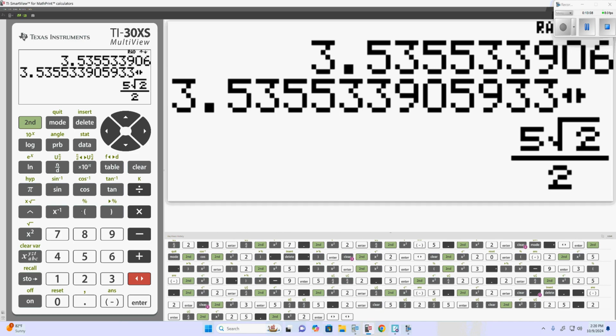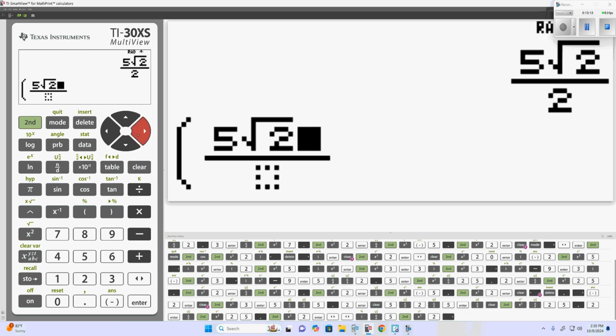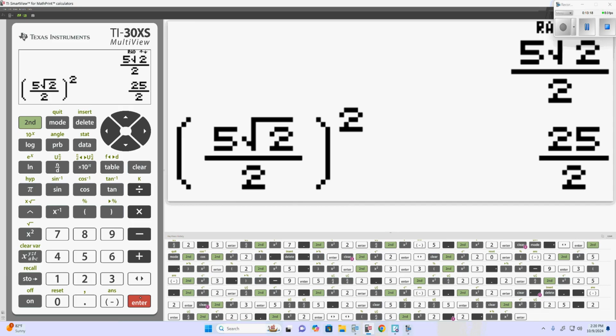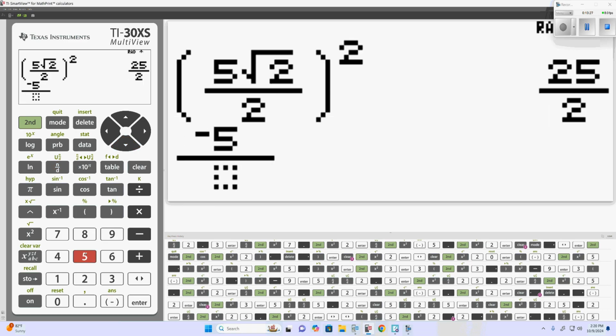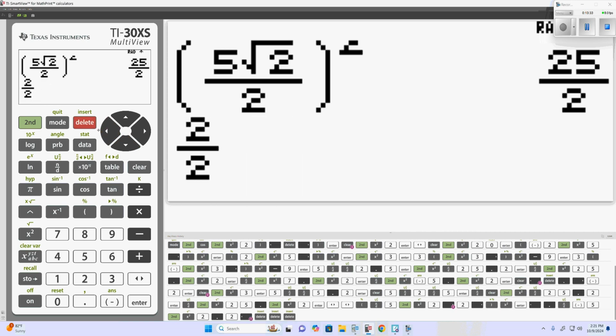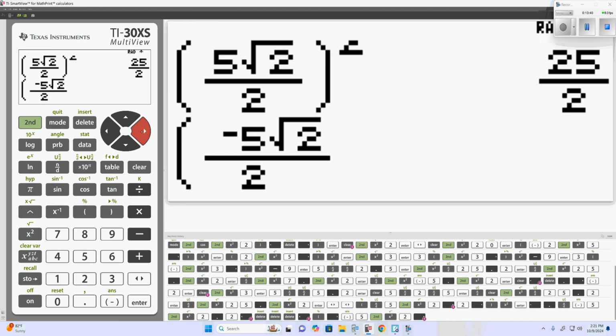Now, I'm going to flip over here. Because our 5 square root of 2 over 2 squared indeed gets us back to our 25 halves. So our answer is indeed positive 5 square root of 2 over 2. Now we also have negative 5 square root of 2 over 2.